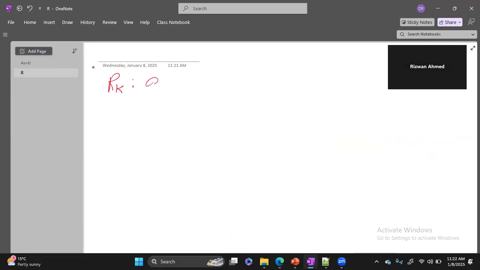So in a kth row, the first index will remain k. The second element would be ak2 and so on. So there will be akn. And elements of the first row will be a11, a12, and so on up to a1n.